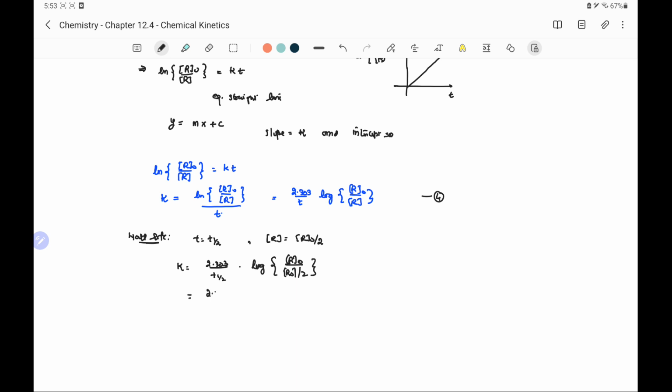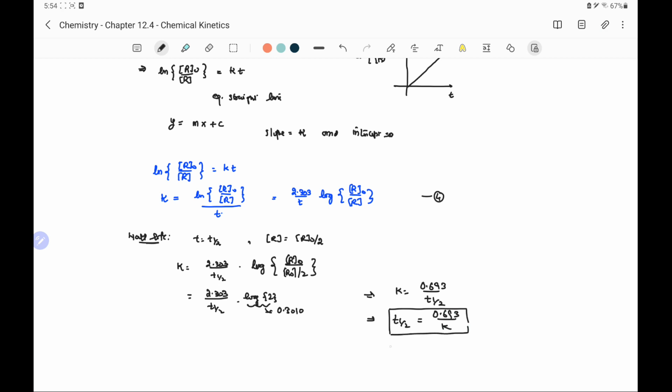This will be equal to 2.303 by t half into log 2, and the value of log 2 is 0.3010. So this implies that k is equal to 0.693 by t half, or t half, that is the half-life, will be equal to 0.693 divided by the rate constant of the first order reaction.